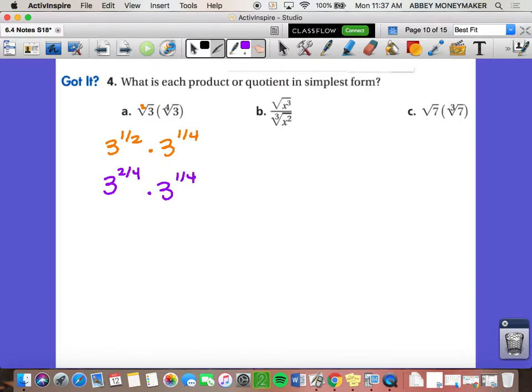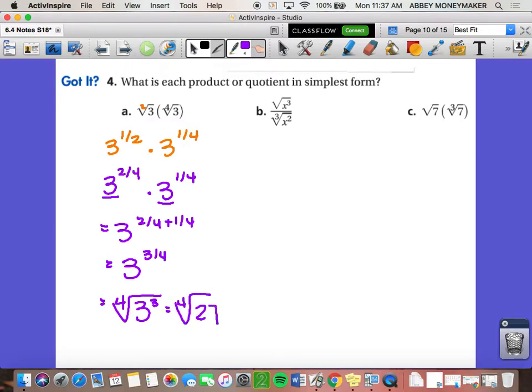And since I can rewrite that, and since I have the same base and I'm multiplying, that's the same as adding the two exponents together. 2/4 plus 1/4 equals 3/4. So if we rewrite that back in radical form, that would be the 4th root of 3 cubed, and 3 cubed is 27.